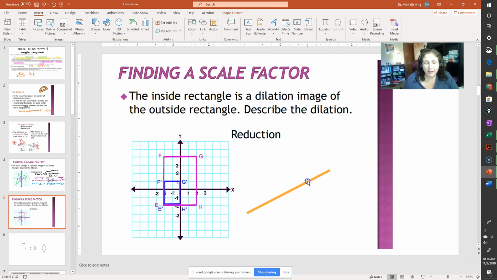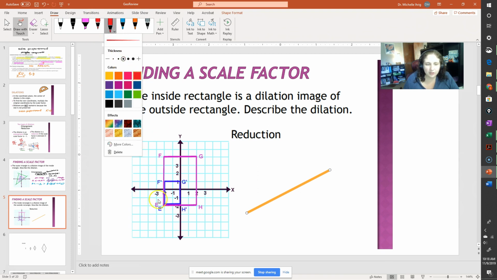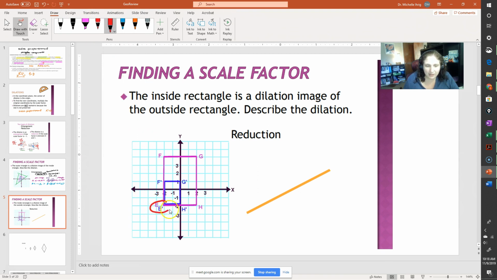So right away, I can tell just by looking at this that E and E prime are literally right on top of each other. The fact that E and E prime are right on top of each other is enough to tell me that my center of dilation has to be -2, -2. And if you forgot, you can just write that down.